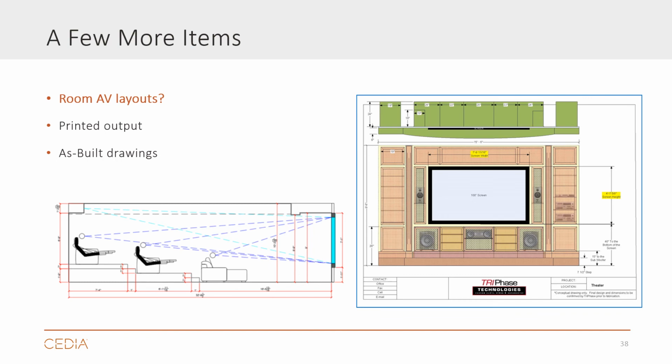So that's about it for documents and drawings, but I want to talk about a few more items. We didn't talk about room layouts and theater designs. Why? Do we need to be doing this architectural work? In most cases, leave that up to the architects, cabinet designers, and theater designers.